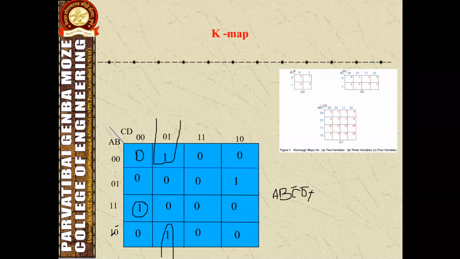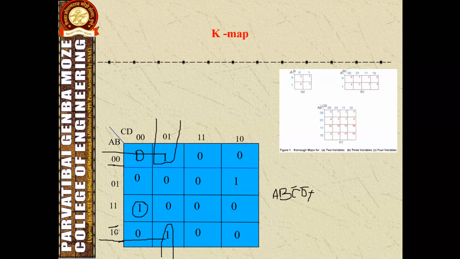So we consider this row and this row first, because in these two rows are the ones we are considering here. This row has the value 0 0 and this row has the value 1 0. So we should consider the common thing in both values.